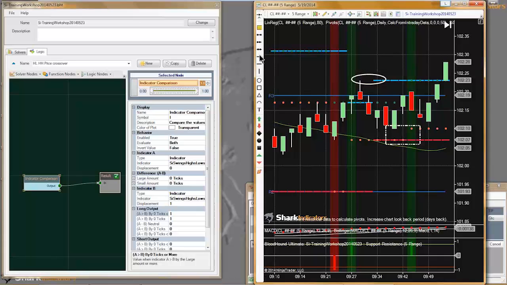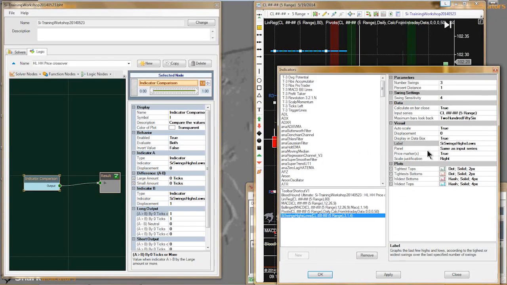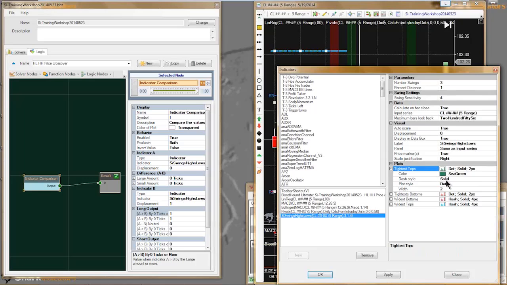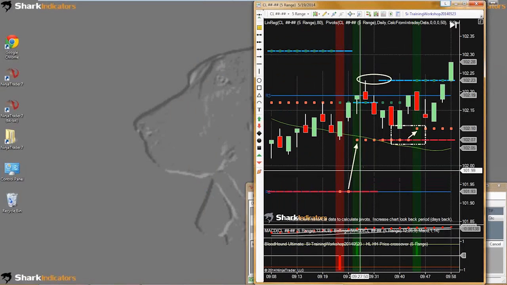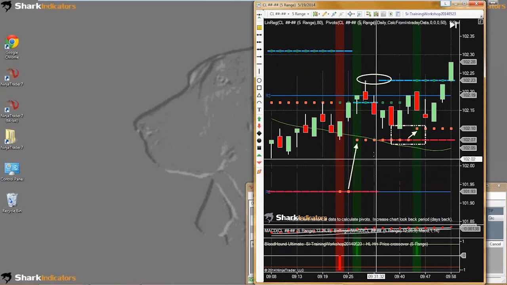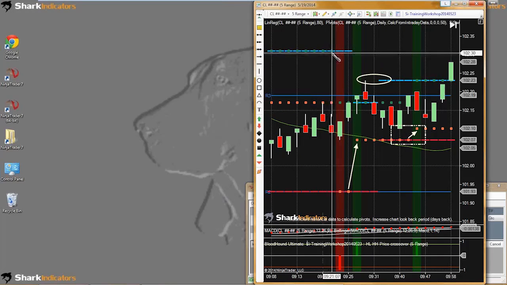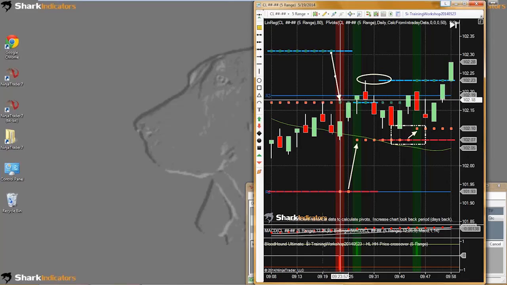we can see here the dotted line jumped up and we got a long signal, and the dotted line jumped up and we got another long signal. Right? Here, I'm going to make these dots a little bigger. There we go. And the way I set this up, the opposite is true for the blue dots.